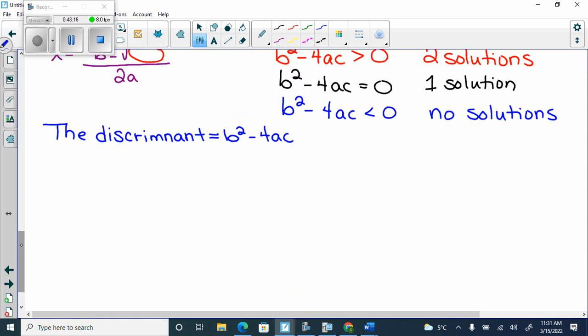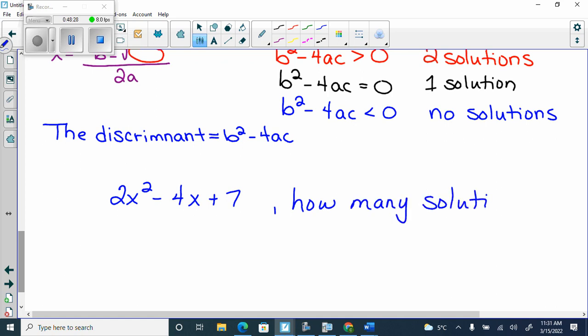So to solidify it, say I give you 2x squared minus 4x plus 7, and I want to know how many solutions. Do I have to do the entire quadratic formula if I just ask for the solution? If I ask you for what the solutions are, or I say solve, you have to do the whole shabozzle, correct?